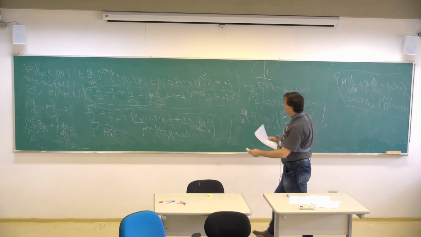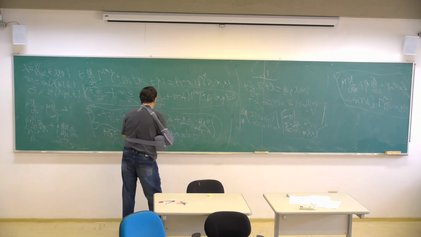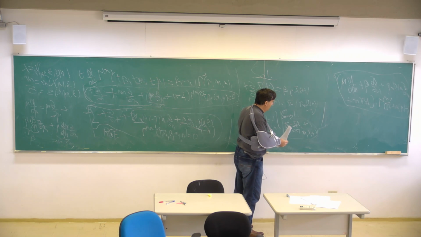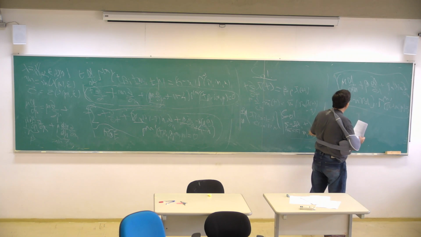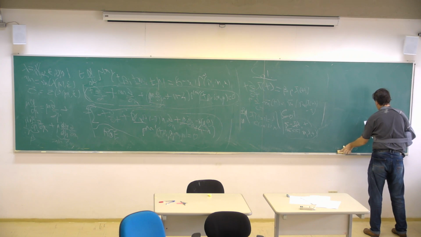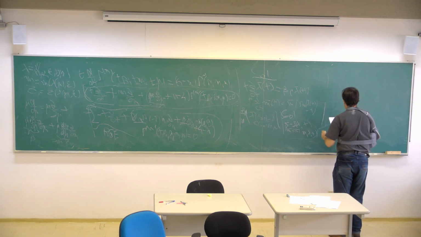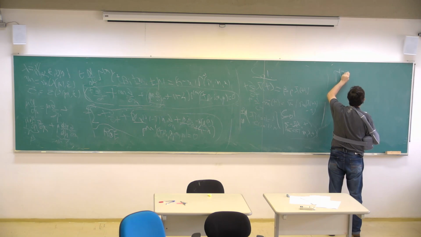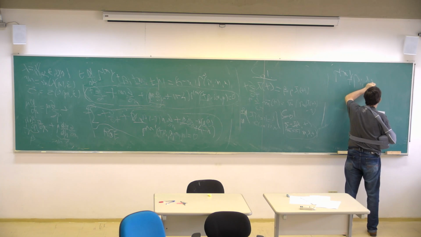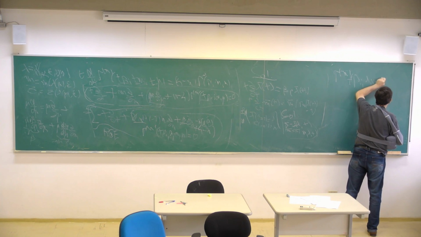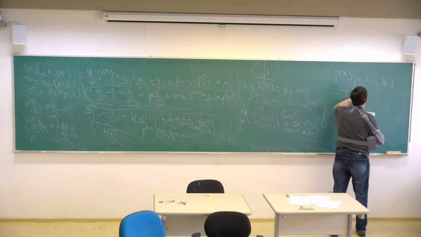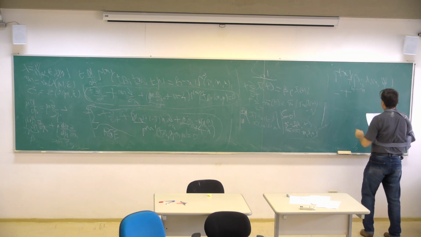Now, to find the solution of the RG, I need to find the solution for gamma n, and the solution is written in terms of this lambda bar and m bar. Namely, gamma n of t, pi, lambda, m, epsilon, mu is equal to t to the 4 minus n. That's the thing that we expected.